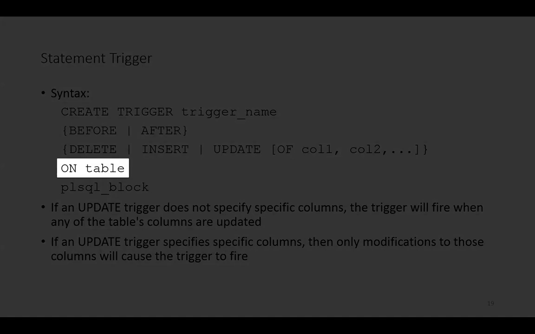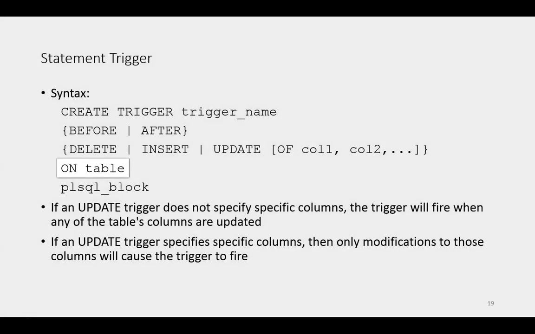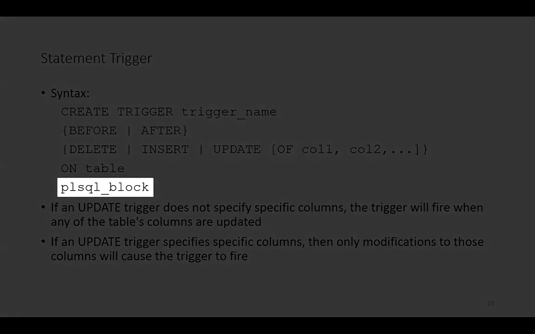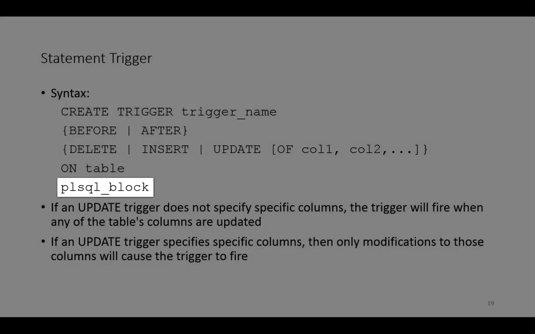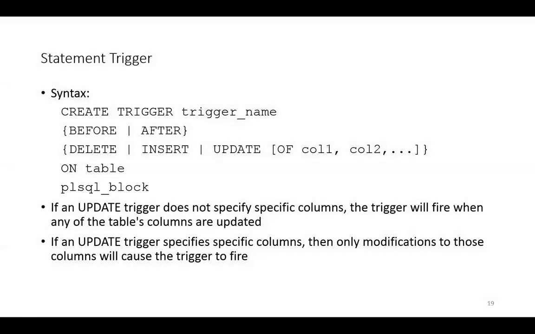The DML event that occurs must apply to this particular table specified in the on clause. And finally, the PL/SQL code that is to be performed when the trigger fires. Oracle Database allows a trigger to be written in other languages, such as Java. But our concern in this video is to illustrate the concepts of triggers and to use the language of PL/SQL.